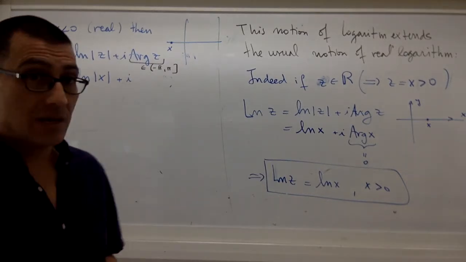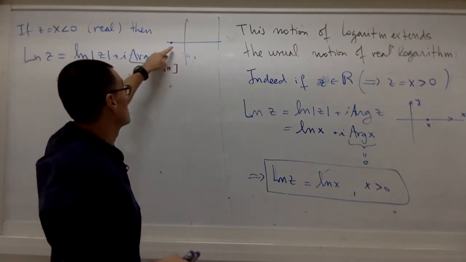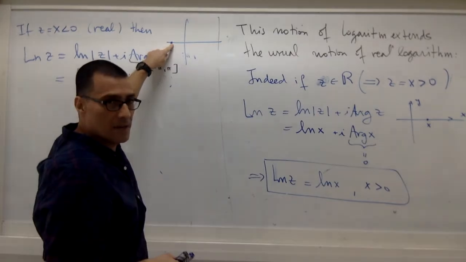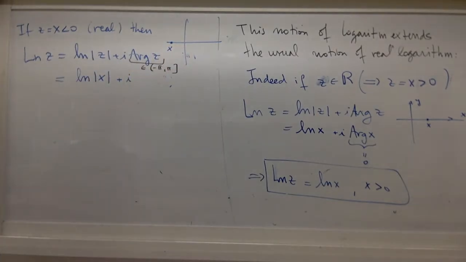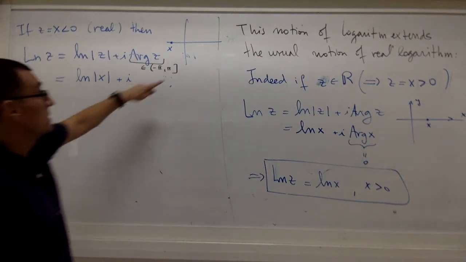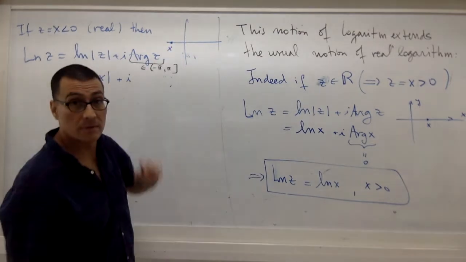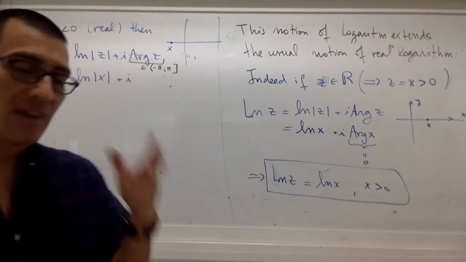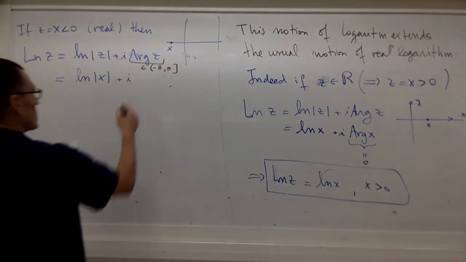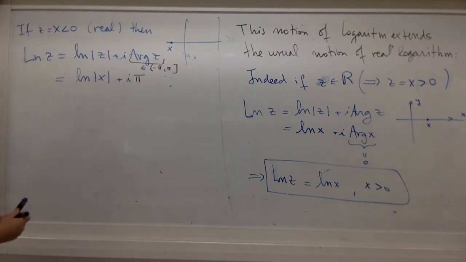So it cannot be negative pi. You can't go from here to there. So what is it? It's going to be pi. So the principal value of the argument of negative numbers is always pi. So I need to plug in pi there.